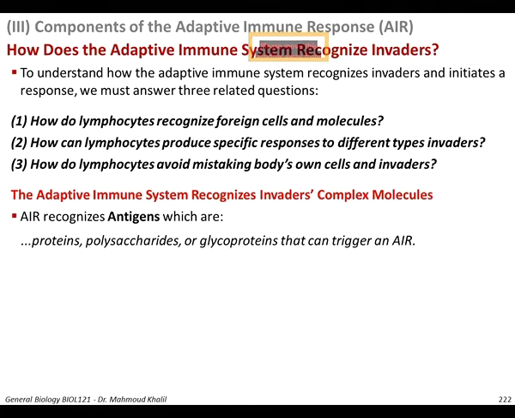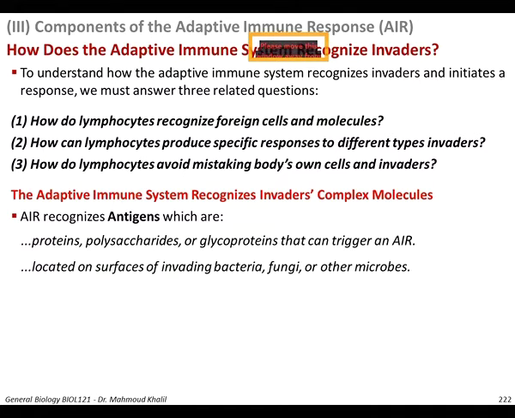So the adaptive immune system recognizes invaders' complex molecules. It recognizes antigens. So what are antigens? Antigens comprise many classes of different complexes. Antigens include proteins, polysaccharides, or glycoproteins that can trigger an adaptive immune response. Antigens are located on the surface of invading bacteria, fungi, or other microbes.